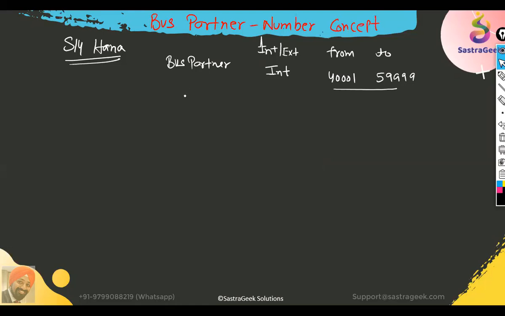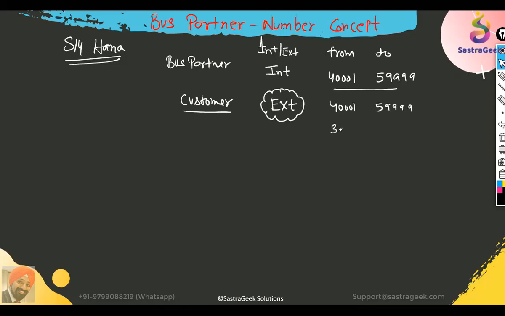We want to have the same number ranges, right? To have the same number range, the customer number range should always be external. Make a note: the customer number range should always be external. And the customer number range should be either the same or a bigger one.